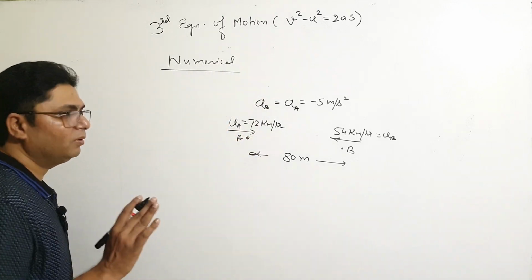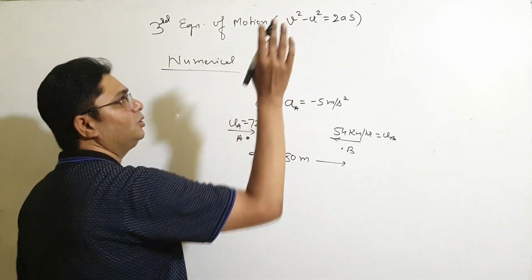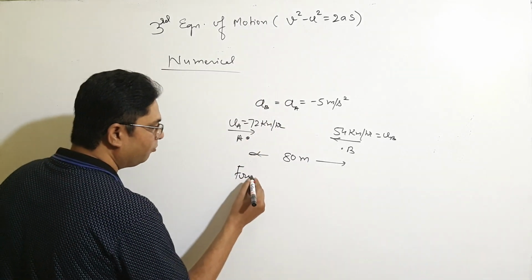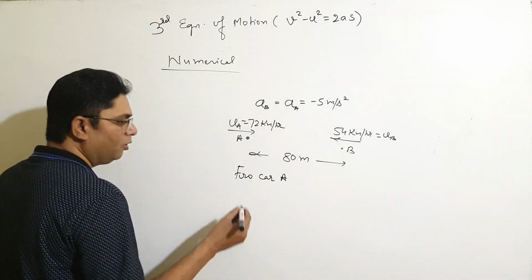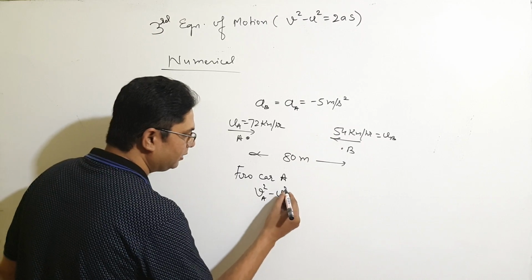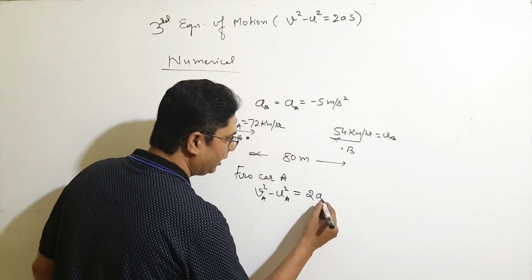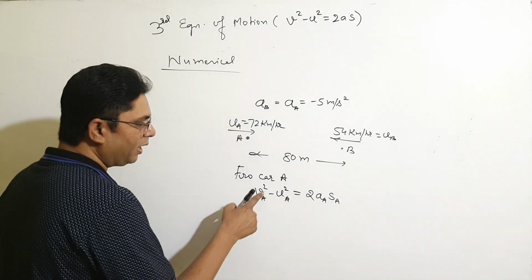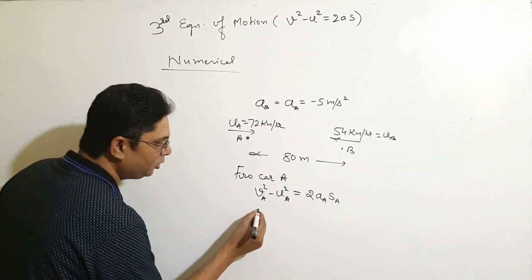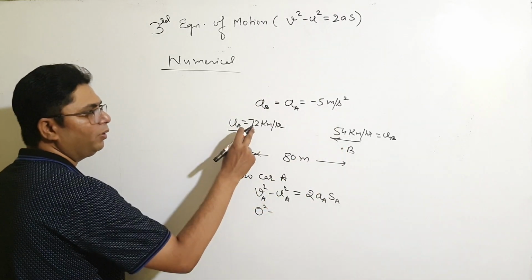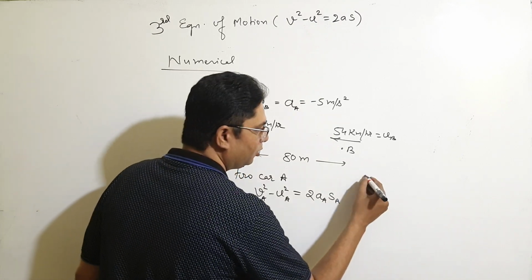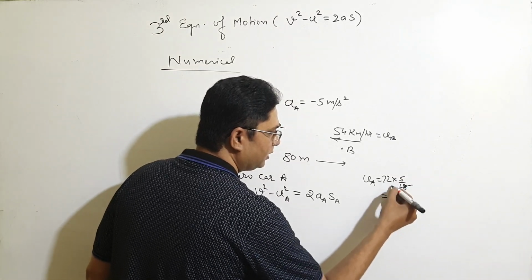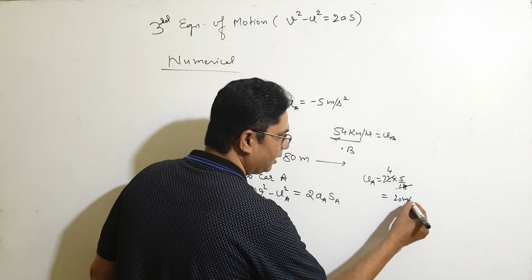You have to give the answer. For solving this problem, we are using the formula v square minus u square equals to 2as. Let us see the solution. So for car A, you have v_A square minus u_A square is equals to 2a s_A. What is v_A square? When the car will stop, then it will be 0. What is u_A? u_A is 72 km per hour. So u_A is 72 into 5 by 18, so this is 20 meter per second.